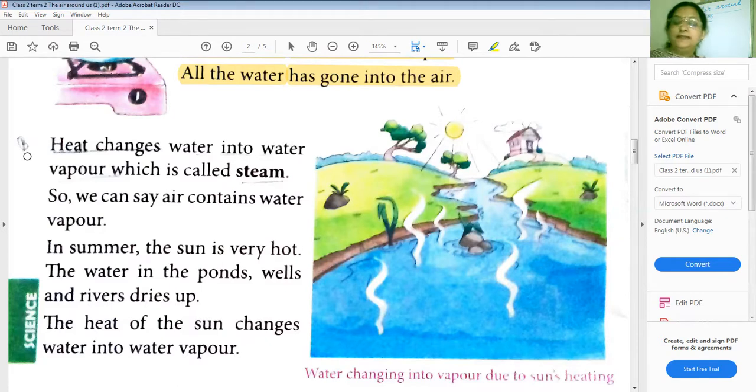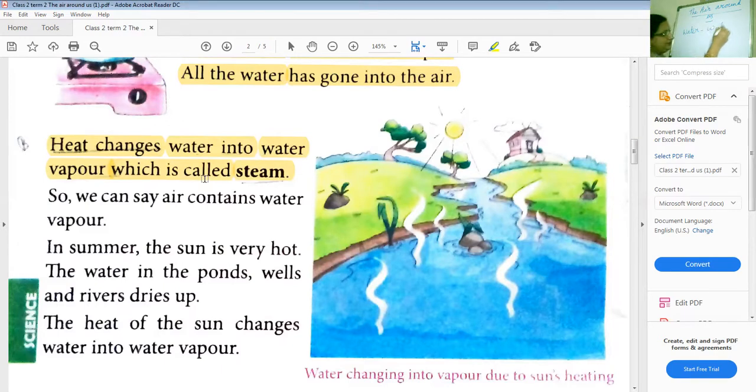Now let's read this paragraph. Heat changes water into water vapor, which is called steam. So what is the change of water to water vapor called? What is happening when the sun is very hot?